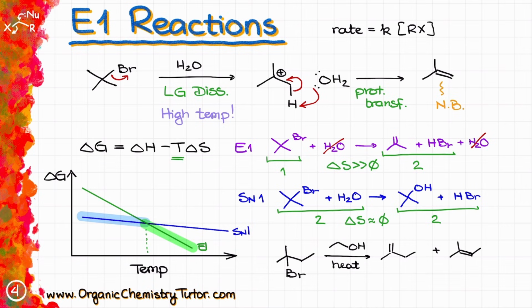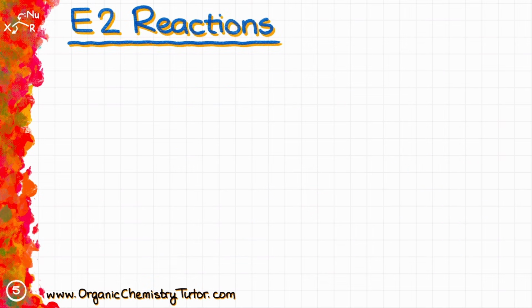So if I look at my first double bond, it is only connected to two non-hydrogen substituents. But if I look at my double bond on the right side, that one is connected to three non-hydrogen substituents. So that one has more substituents, which means that it is going to be our major product in this reaction. Now, the next one in our list is the E2 reaction.